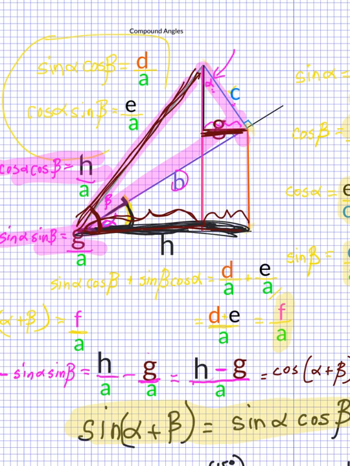So the cosine of one angle plus another angle is equal to, right here, this is equal to this. So it's equal to the cosine of the first one, cos of pi by 4, times the cosine of the second one, cos of pi by 6, minus the sine of the first one, times the sine of the second one.